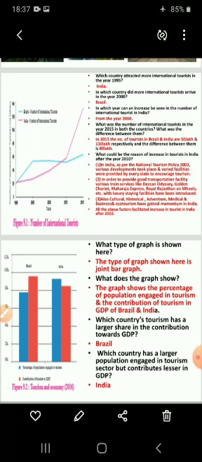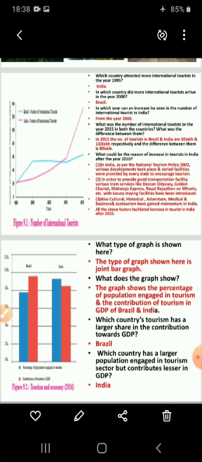So in any country, if tourism is developed, that means tertiary occupation is more developed. So this graph shows the percentage population engaged in tourism and the contribution of tourism in GDP of Brazil and India. Understood? So blue is percentage population engaged in tourism and red is for contribution of tourism in GDP.